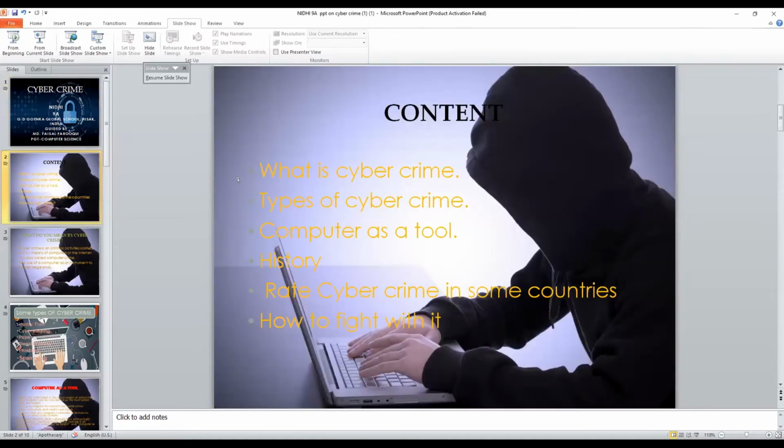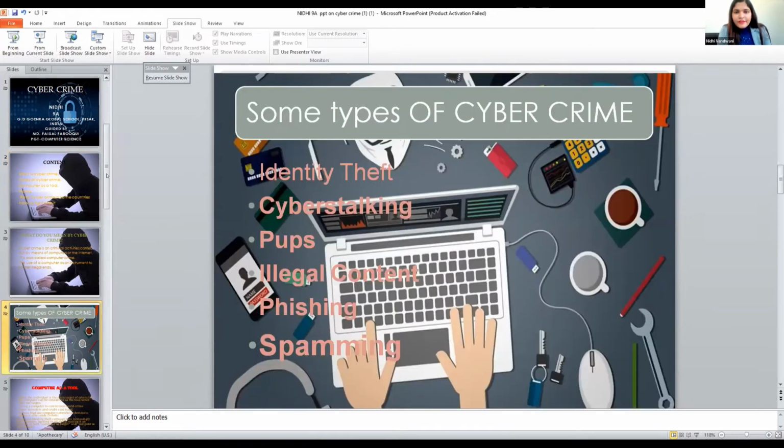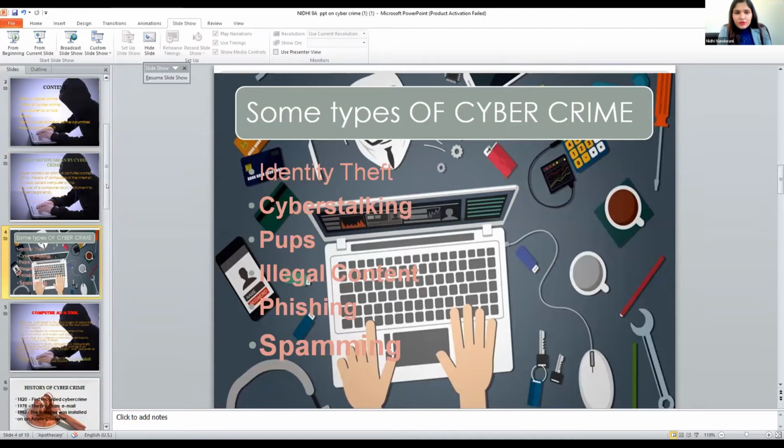Now you can see that. Yeah, it is visible much better now. So you can click slide by slide, so that maybe due to poor network, the slides are not moving in the slideshow. Okay, ma'am. So we can click like this. If anyone else also faces the same problem, they can also do the same.